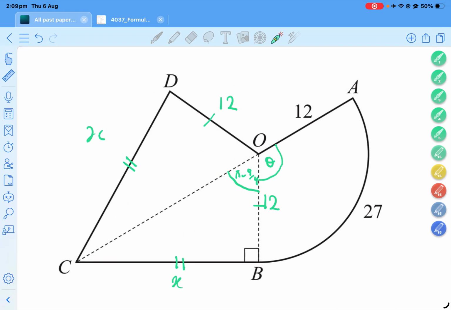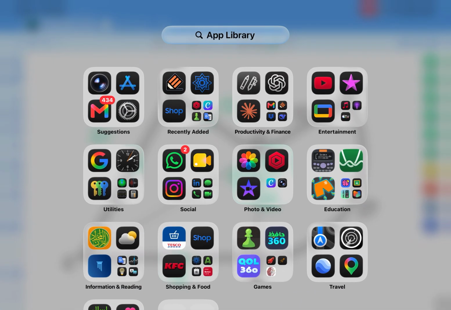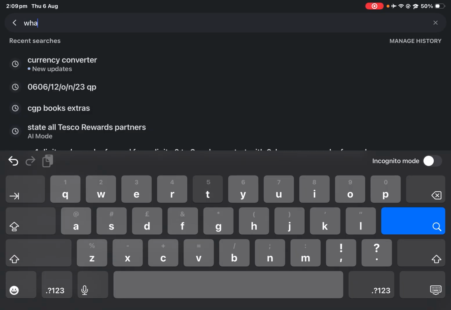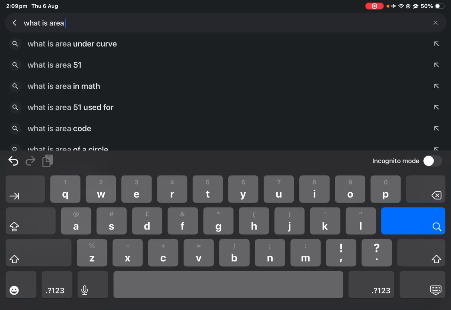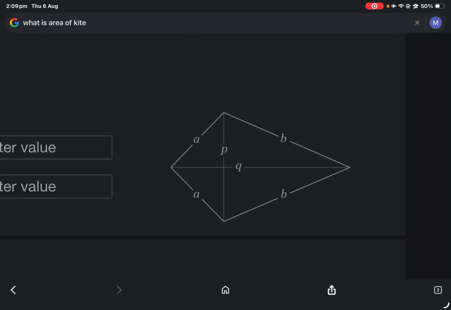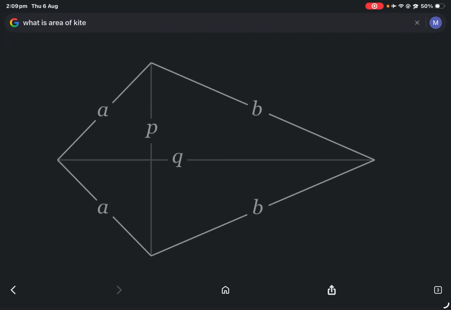Anyways, so now if you go on Google and write what is the area of a kite, well, this kite is something like this.